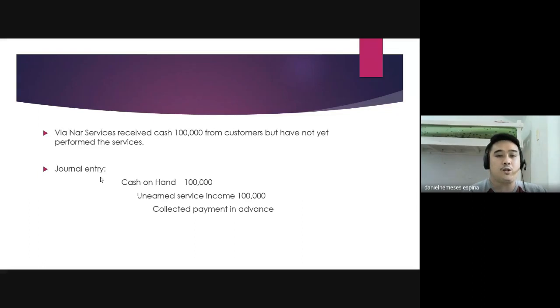Debit cash on hand because you receive cash worth 100,000, but credit a liability account called unearned service income also 100,000. Explanation: collected payment in advance.